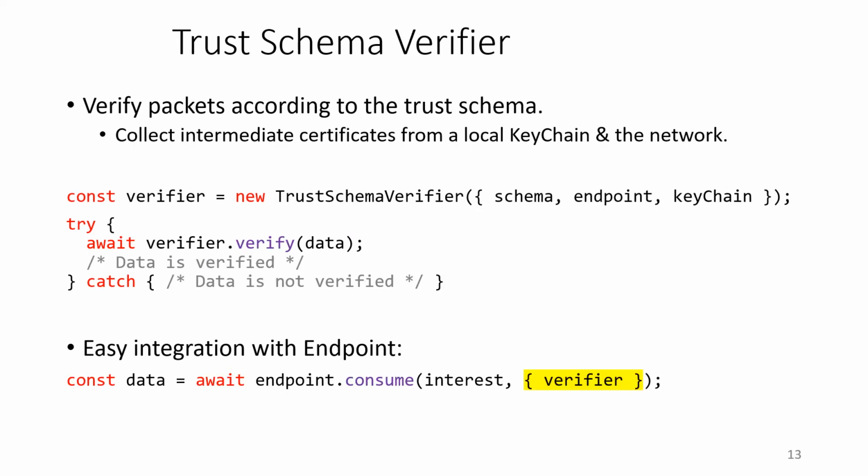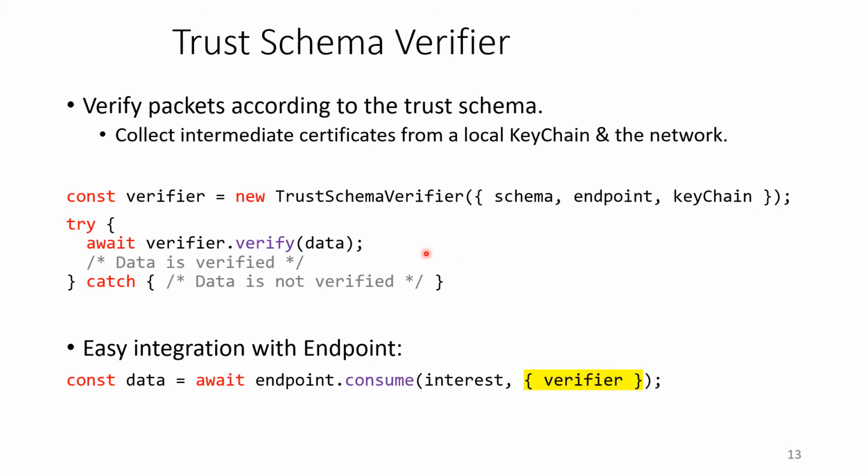The other side of trust schema support is the trust schema verifier, which verifies packets according to the trust schema. To use that, we can construct a trust schema verifier from the schema itself, an endpoint to access the network, and a local keychain if you want to use your own certificate in the schema.